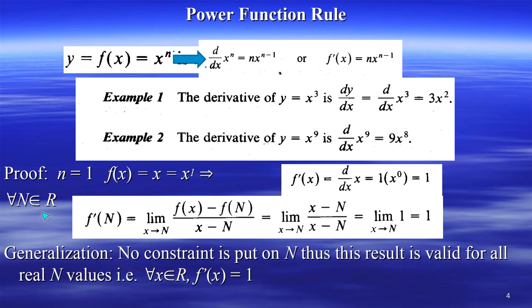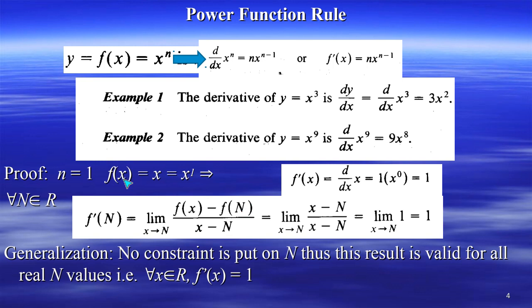So, for any n in the set of real numbers, we can write down the derivative of this function at the point n, big case N, equals the limit when x goes to N of f of x minus f of N over x minus N. And replacing f of x by its value, and f of N, the value of the function.